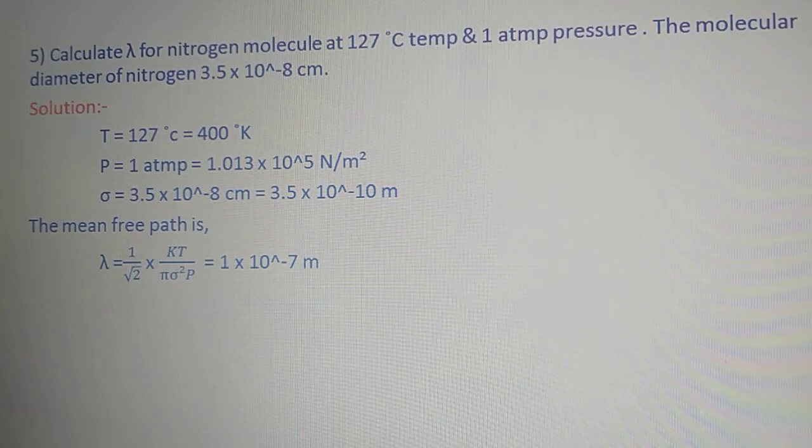As the temperature is given to us and pressure is given, we can use this mean free path formula in terms of pressure. And if you put the values, then the mean free path will come out for nitrogen molecule 1 into 10 to the power minus 7 meters.